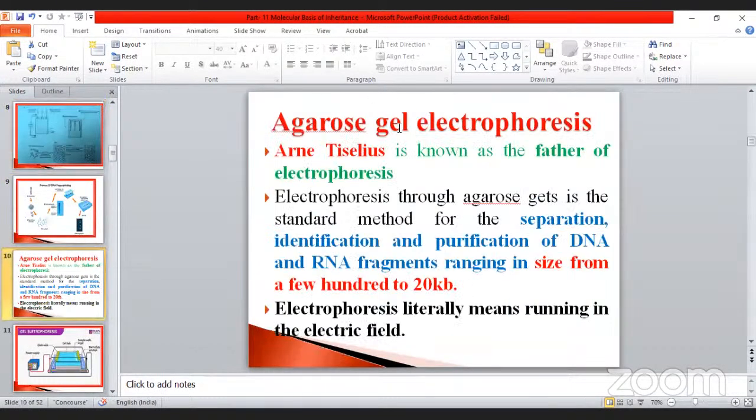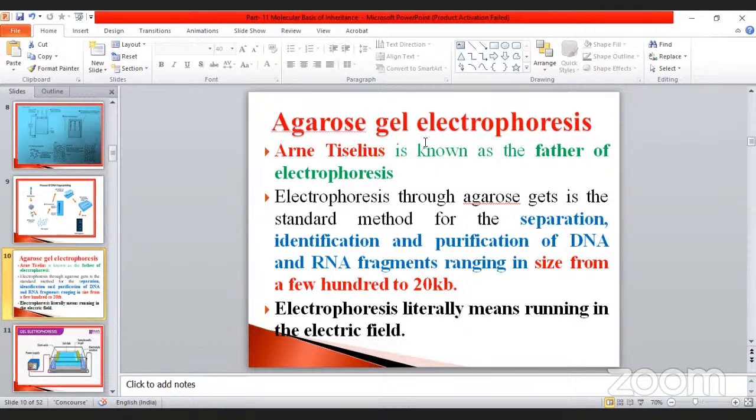Okay, agarose gel electrophoresis. This is the technique used for the separation of biomolecules, particularly DNA, RNA, sometimes protein molecules also. Here, electrophoresis means with the help of electrons, we can separate the molecules.